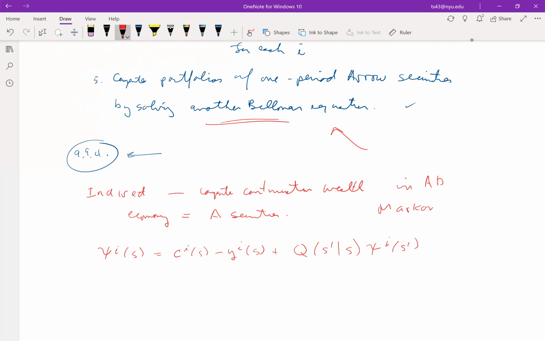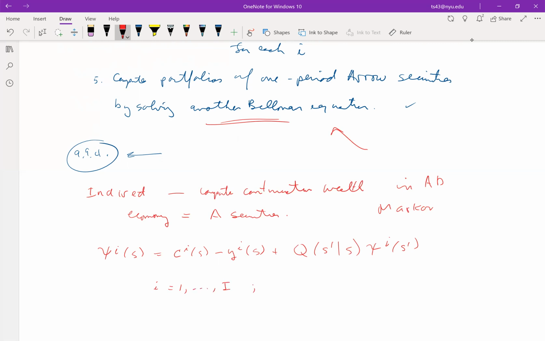And I want to solve this for how many values? Well, there's going to be vectors all over the place. How many people are there? There's I of these.